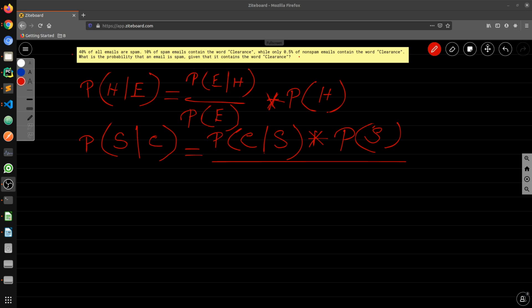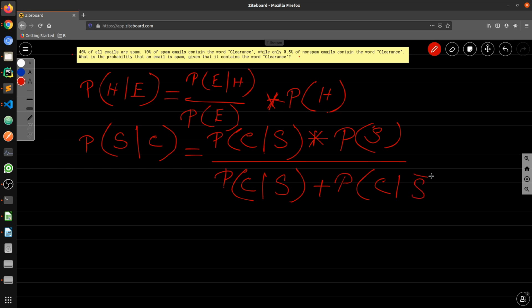The denominator will be the total probability that the word clearance is found, and there we have to implement the probability addition rule, which in this case will be the probability that it contains the word clearance given it's a spam mail plus the probability that it contains the word clearance given it's a non-spam email. Now we already have the formula, so it's just a case of including the actual numbers.